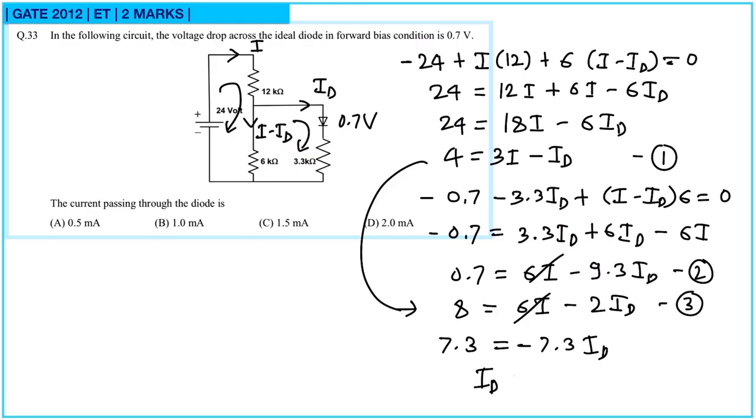So from here ID is equal to minus 1 milliampere. It is coming out to be negative because the direction that we had chosen is in the reverse order. So the magnitude will be 1 milliampere. So option B is correct.